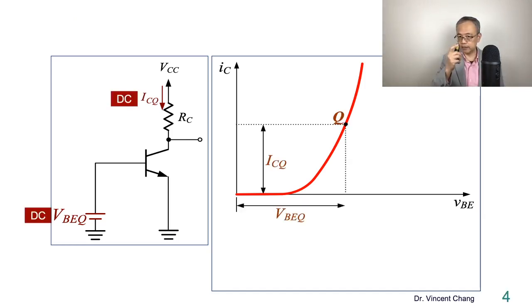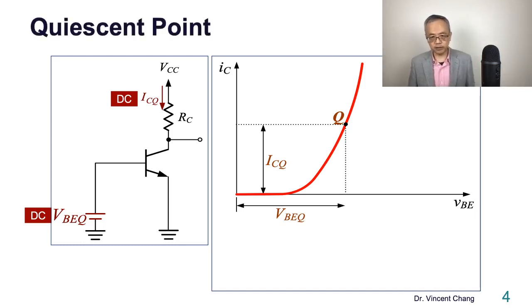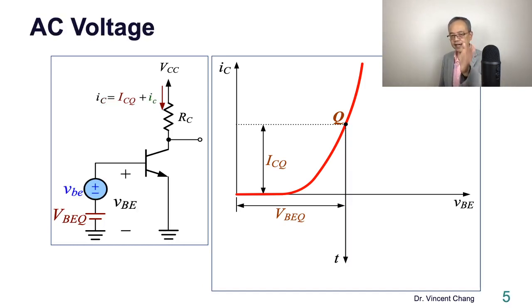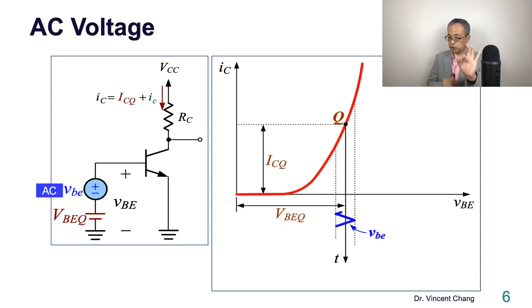Now, here's the DC operating point. Let's start with the DC operating point and then superimpose an AC input voltage VB.